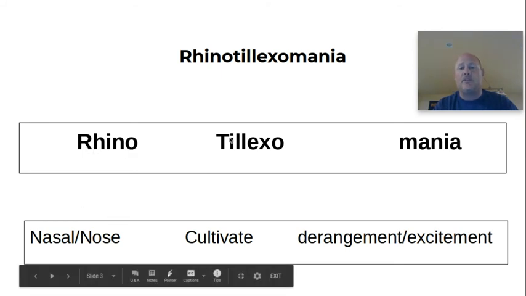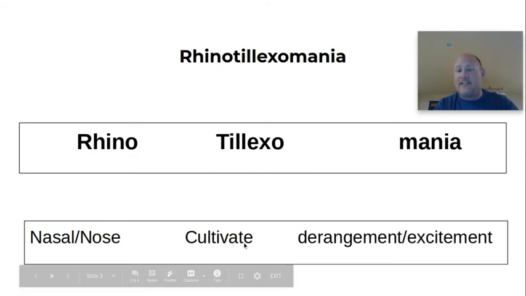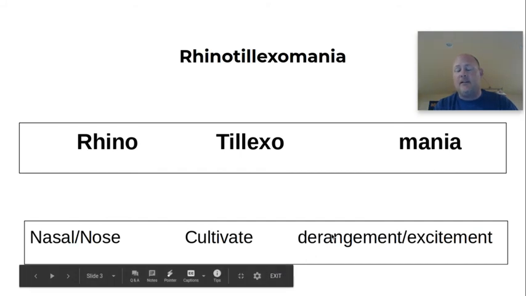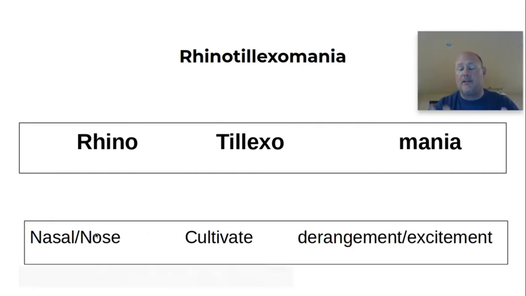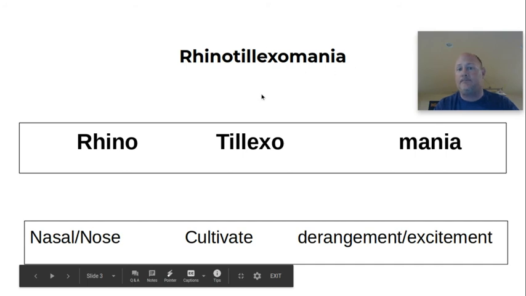So nasal or nose. Telexo means to cultivate, and mania in medical terms means derangement or excitement. So it's the excitement or the derangement of cultivating your nose, which is, in layman's terms, the obsessive compulsive disorder of picking your nose, rhinotelexomania.